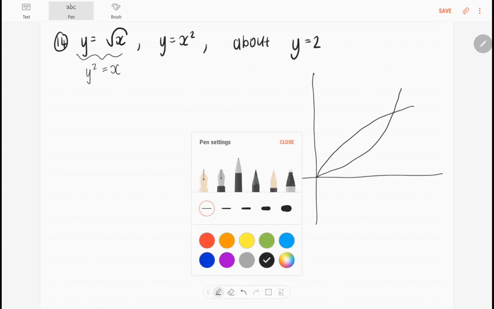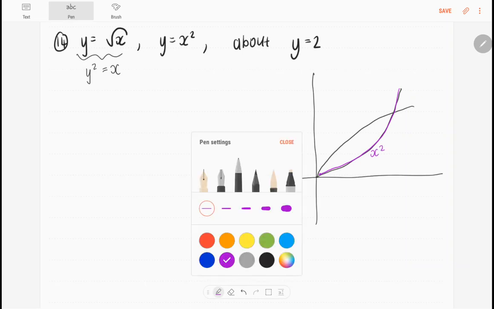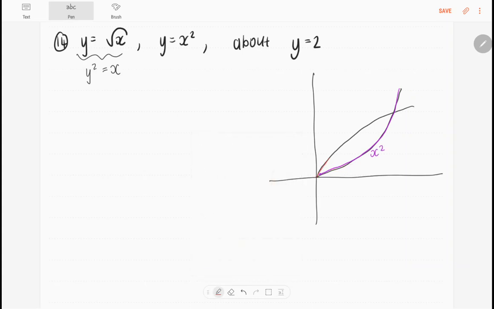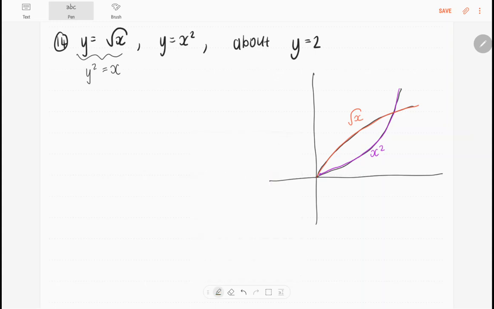So then we fill those in there. This is x squared, and the top one is root x. We want to rotate this about y equals 2. So this is y equals 2. That's what we want to rotate it about.